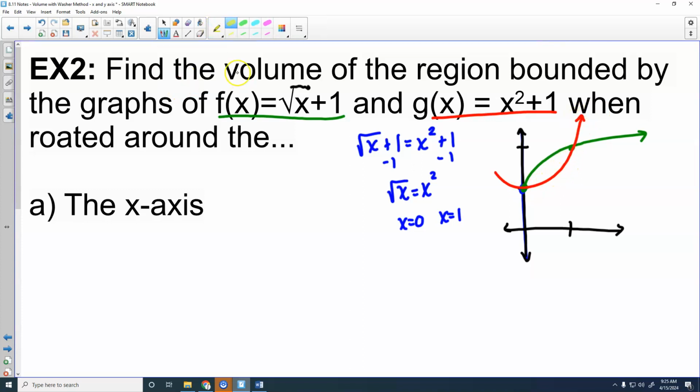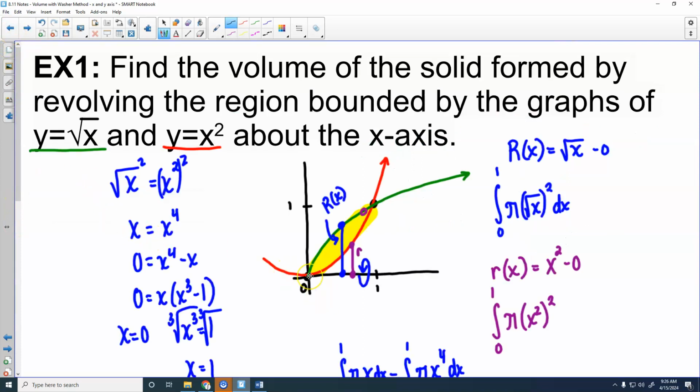What could we say about the area of this figure right here compared to example 1? The area should be exactly the same. Is our volume going to be the same when we rotate it? It is not, because now it is much further away from our axis. The last one was not going to have a hole all the way through.